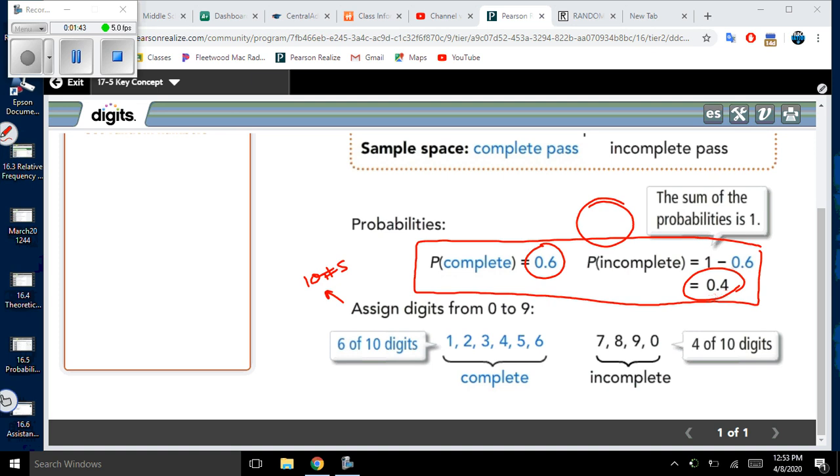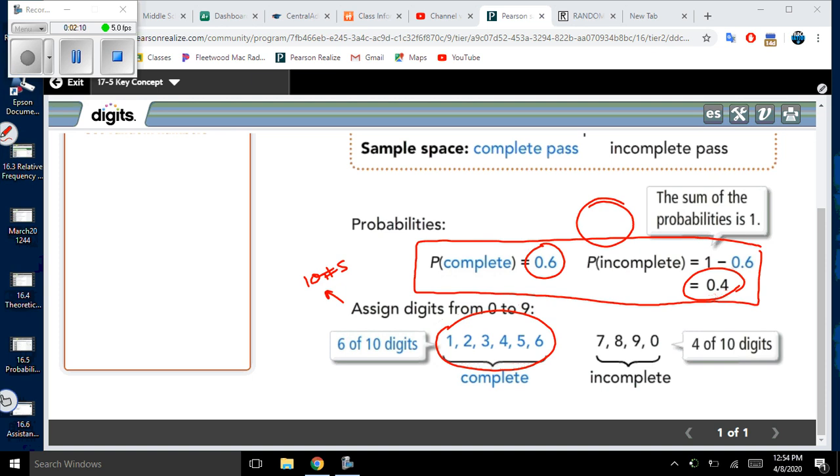So that means that anytime you come up with a number 1, 2, 3, 4, 5, or 6, that represents the fact that in the simulation you completed the pass. And if you get a 7, 8, 9, or 0, then that represents an incomplete situation. If your question is why we're using 0 instead of 10, obviously the answer is because we're using one-digit numbers, if at all possible.